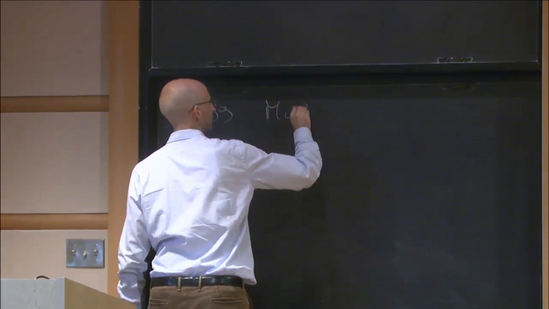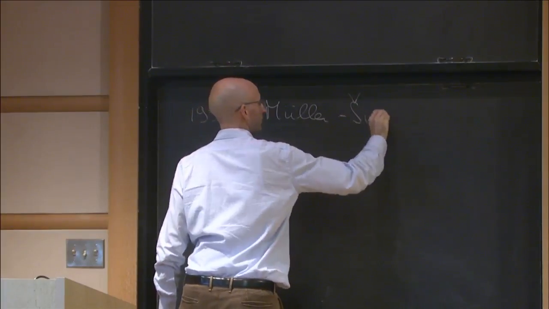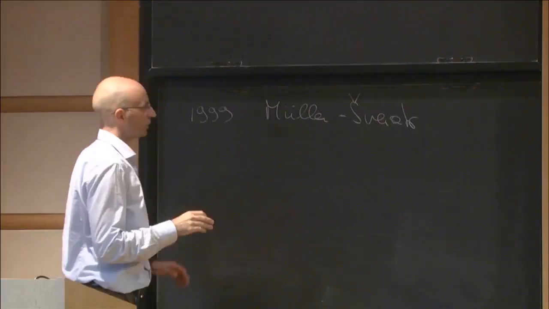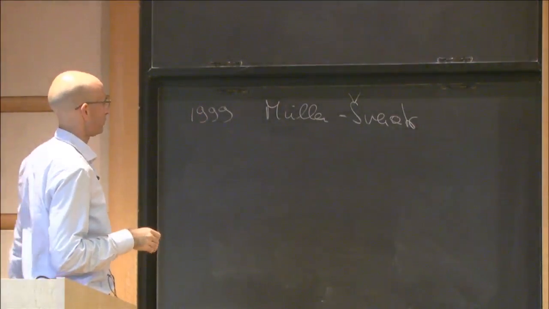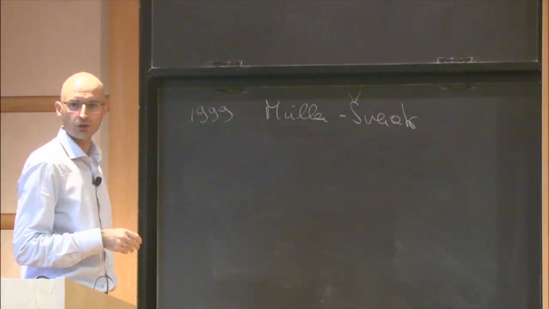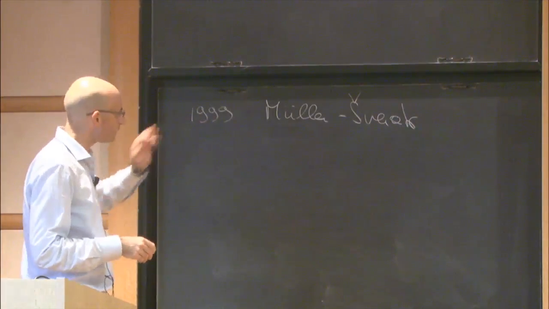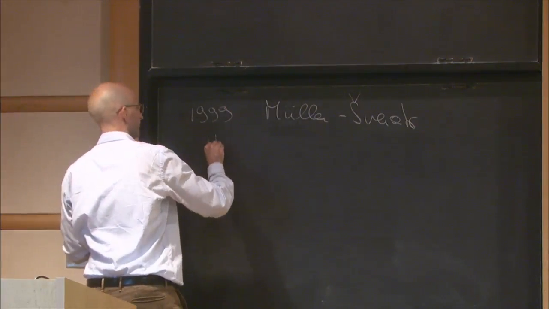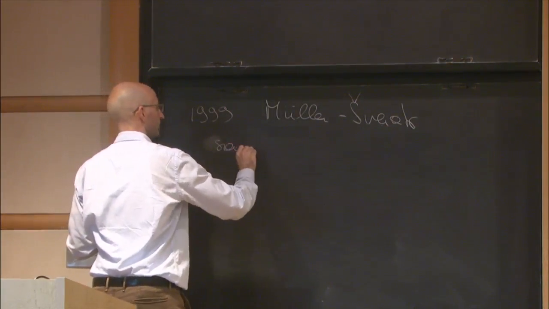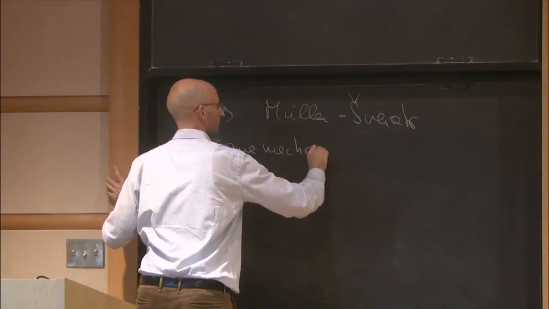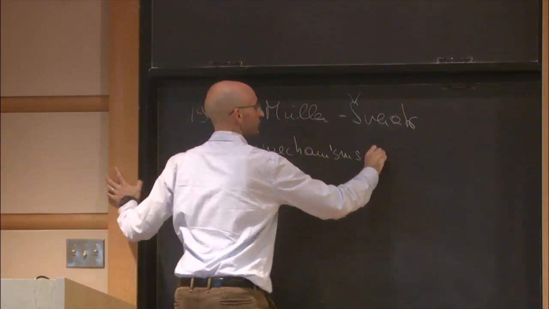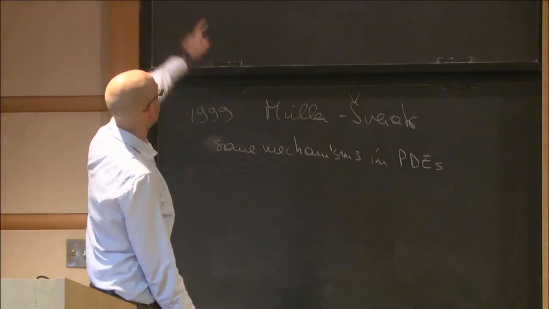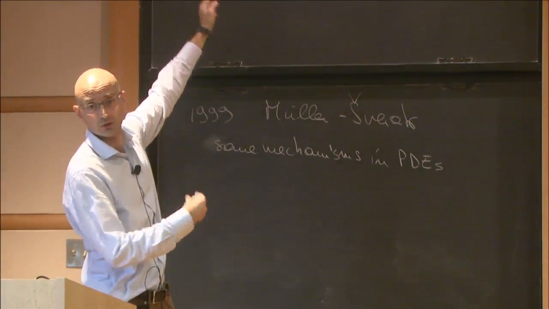So Müller and Šverák gave a construction of some terrible solution of a system of partial differential equations, which is elliptic, but that is not interesting for us. So what they actually pointed out is that some mechanisms in PDEs used in the theory of differential inclusions, and the eikonal equation is a primary example of a differential inclusion.